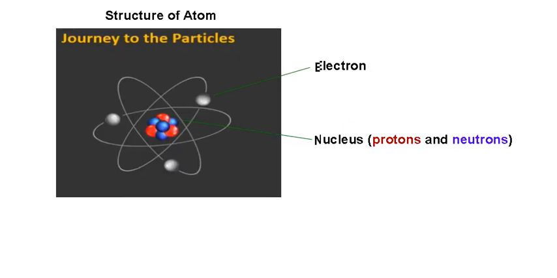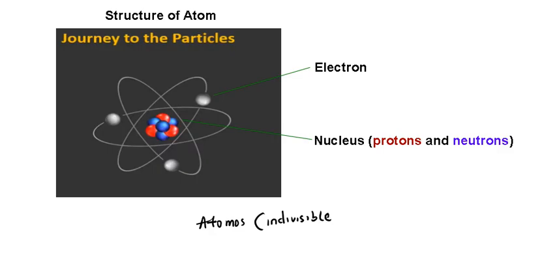All right, let's see the structure of an atom. Atom is gotten from a Greek word, atomos, and this atomos means indivisible, or you can also call it uncuttable.